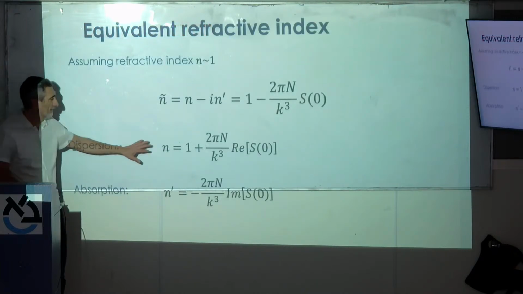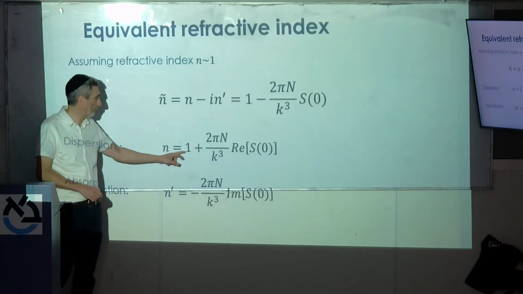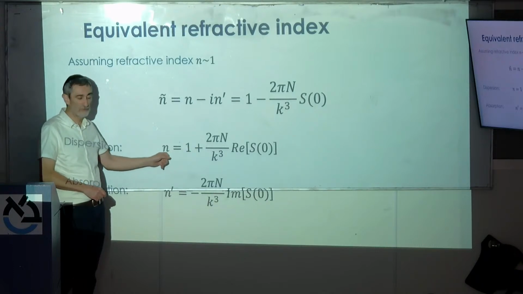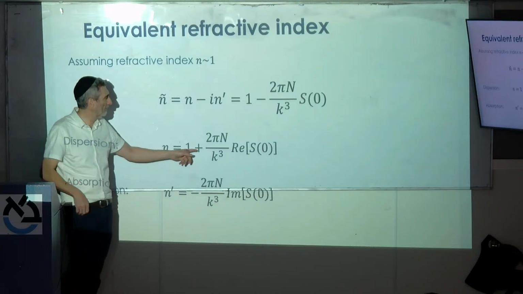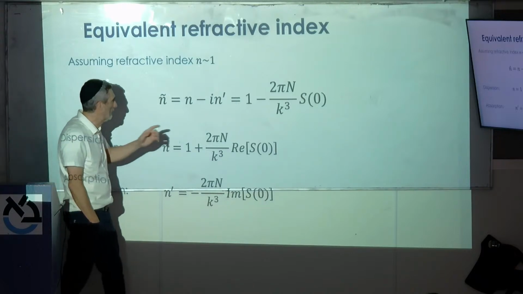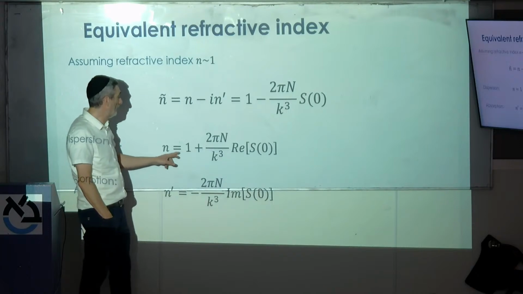The real part tells you that the index of refraction is renormalized. There must be a plus here because the index of refraction is larger than 1 in principle. So I don't see how... I'm missing something here. I don't see how this minus becomes a plus here. This n must be larger than 1.